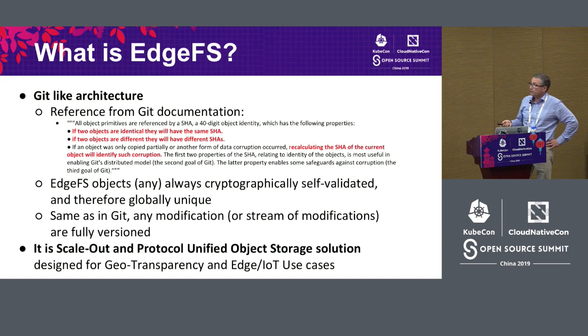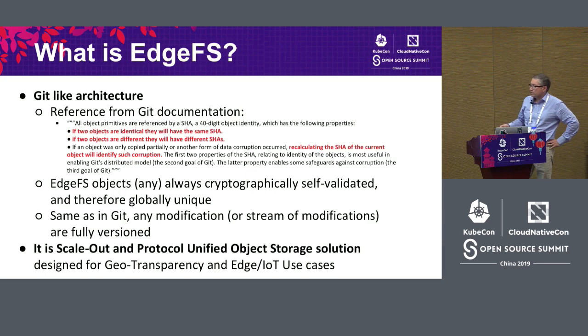And we saw that if we build a storage system with similar architecture in mind, we can achieve enormous fault tolerance and availability. If two objects are different, they have different SHA. That's how we detect all sorts of errors and corruptions. And then we do automatic self-healing by fetching the data from different sites and regions.